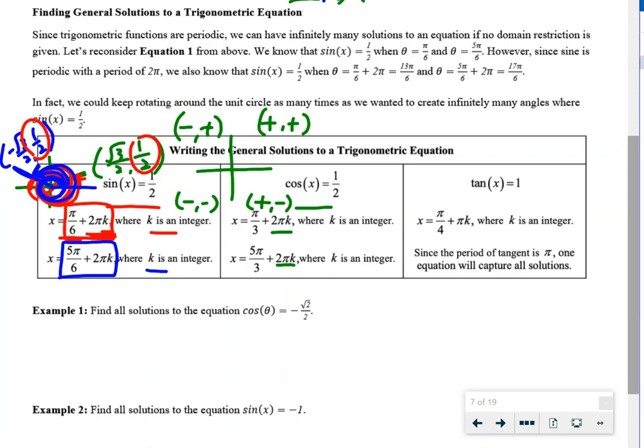And when you focus on cosine, meaning the x value is positive, that happens here and here. Then cosine 1 over 2 happens at this one, which is 1 over 2, radical 3 over 2, and one more in the fourth quadrant, which gives me 1 over 2, negative radical 3 over 2.